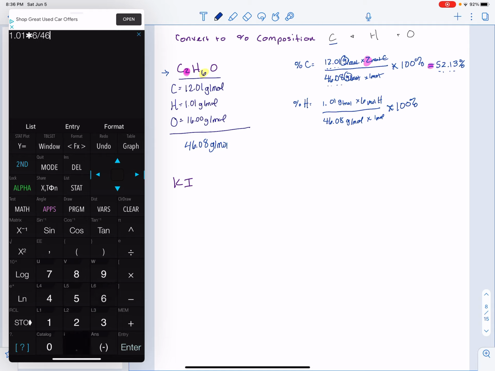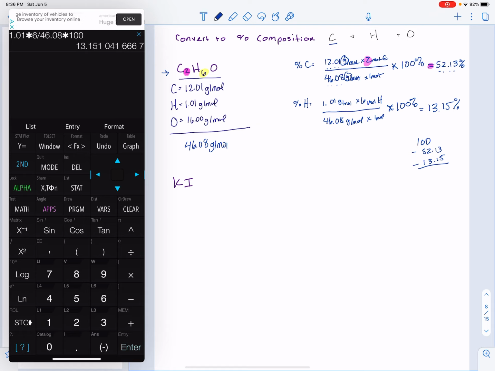So 46.08 times 100. So then this gives me 13.15. Now, I've got 2 options. I can either go ahead and fill out the equation, or I can just use the information that they should add up to 100 and just subtract out the 2 percentages that I already have.